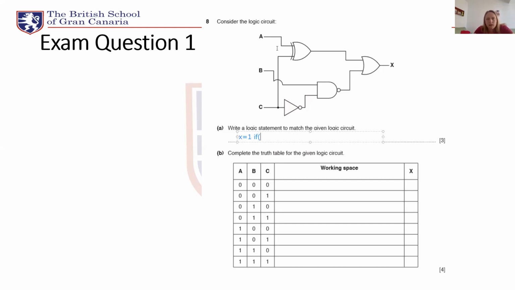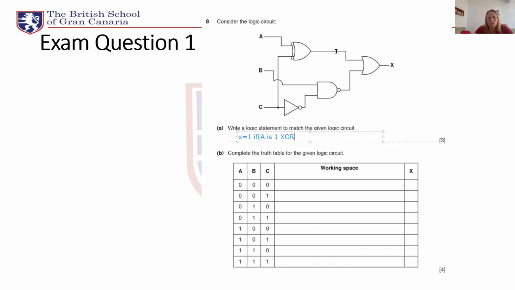Now A, as we can see, goes into the exclusive OR gate, all right? So A is 1, and if A is 1, it goes into the exclusive OR gate.